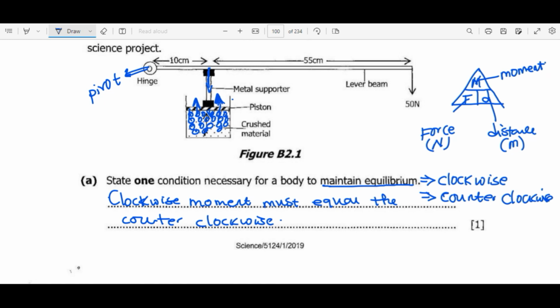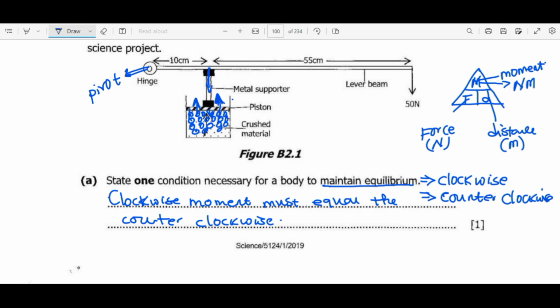In our case, we can see that we have been given the distance in centimeters, so we are going to change it into meters. Now, if we are solving for moment, we are going to multiply force times the distance. If this is the case, then what are the units for moment? Moment is measured in Newton meters, and please never confuse.